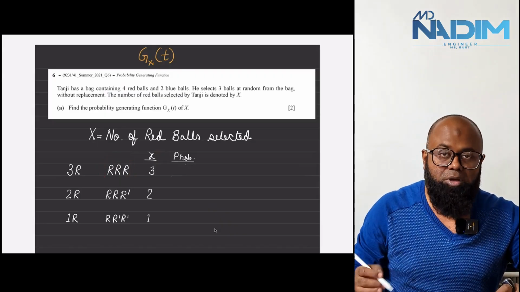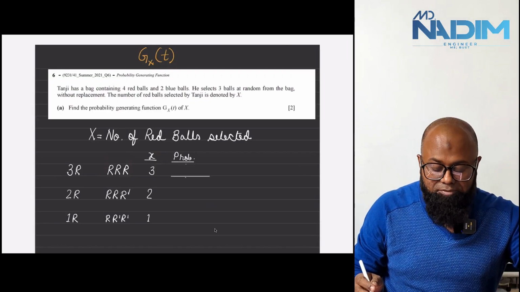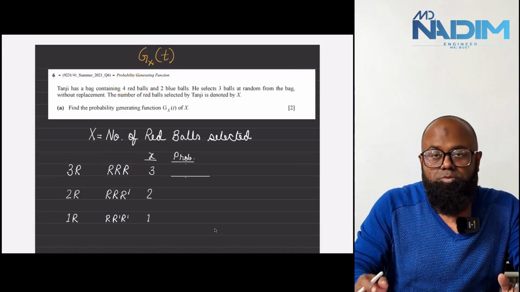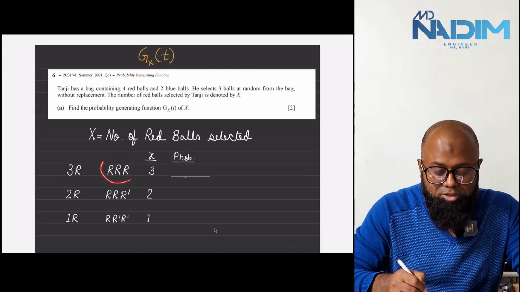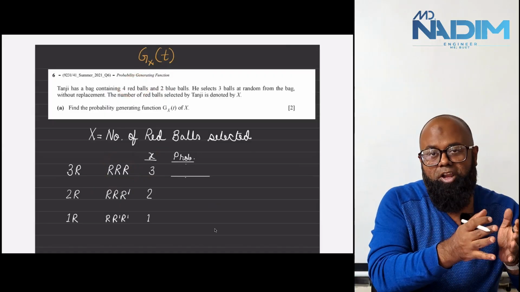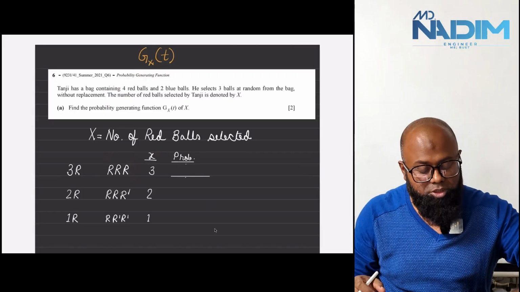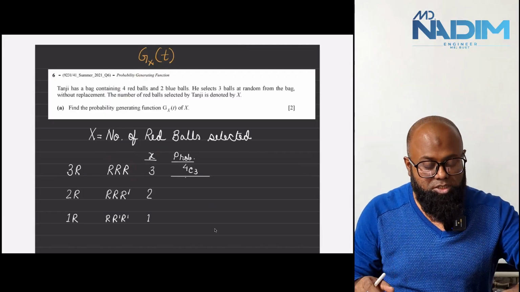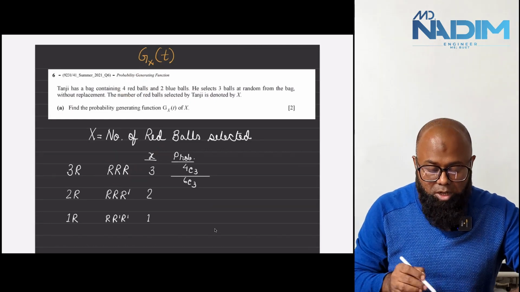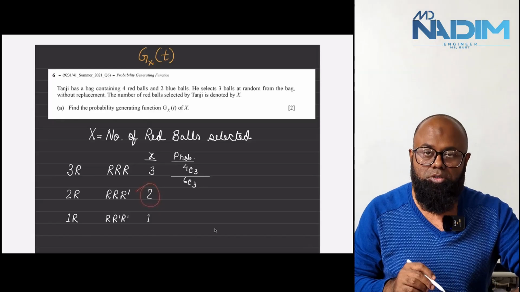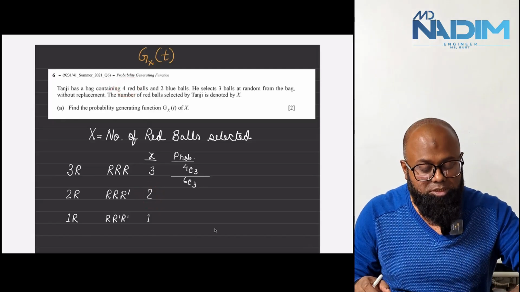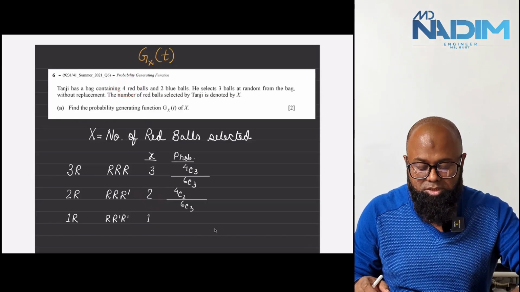So how do we get the probabilities? We have 4 red balls and a total of 6 balls, and from there I need to take 3. From 4 red balls, if I select 3 balls, it will be 4C3, and the total would be 6C3, so I have to divide by that. When I get 2 red balls, out of 4 I am taking 2, so it will be 4C2 in the numerator, and the total is 6C3.